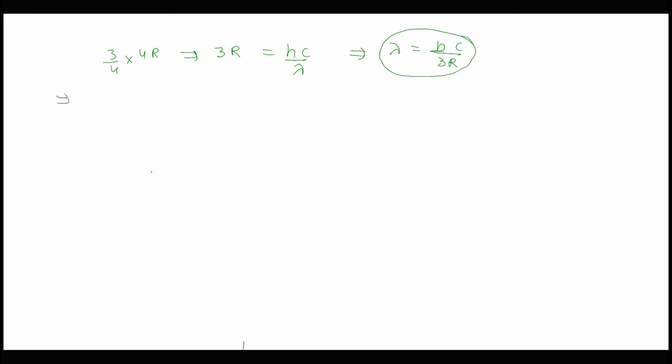So if I calculate the value of wavelength, which is equal to hc by 3 Rydberg, h can be written as 6.6 into 10 to the power minus 34, c as 3 into 10 to the power 8 upon 3, and Rydberg can be written as 2.2 into 10 to the power minus 18. So from here we obtain a value which is roughly equal to 300 angstrom, which becomes the answer to the first part.